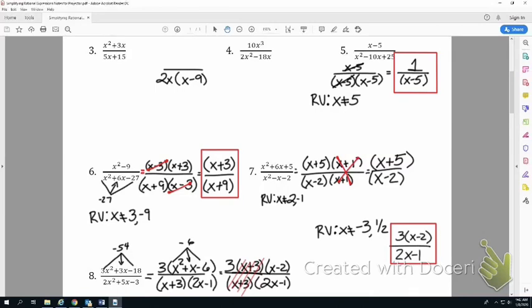No, okay, because it's x. I can't factor out a binomial from a single term. Can I factor 2x out of 10x cubed? Yes. Okay, so it's going to be 2x times what? 5x squared.